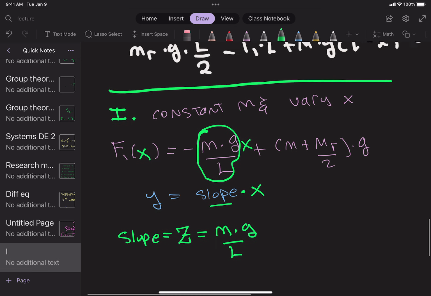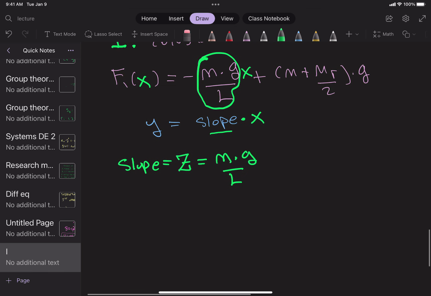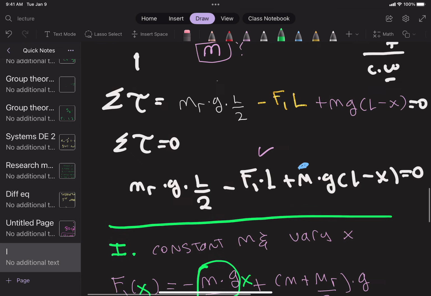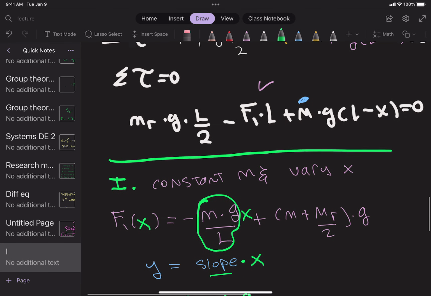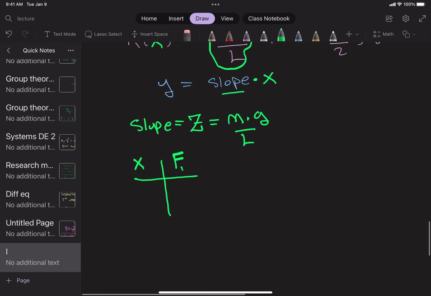So for part 1 of today's experiment, you're going to make a table where you vary the distances x, and at each distance where you move the hanging mass, you're going to measure the corresponding force. And then you'll plot that.